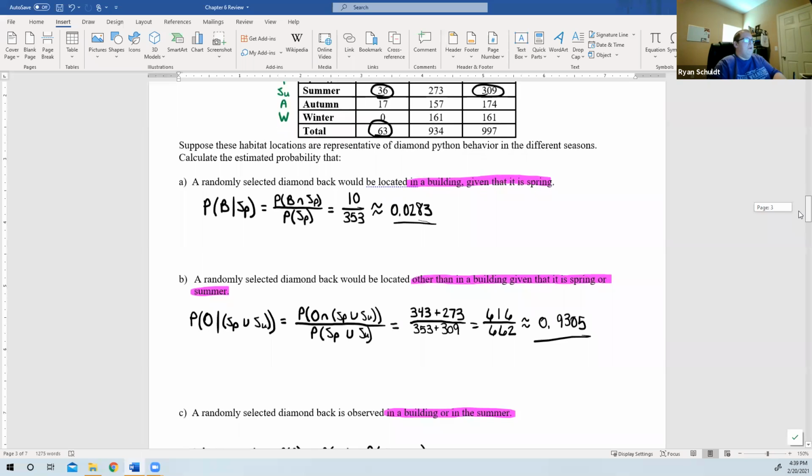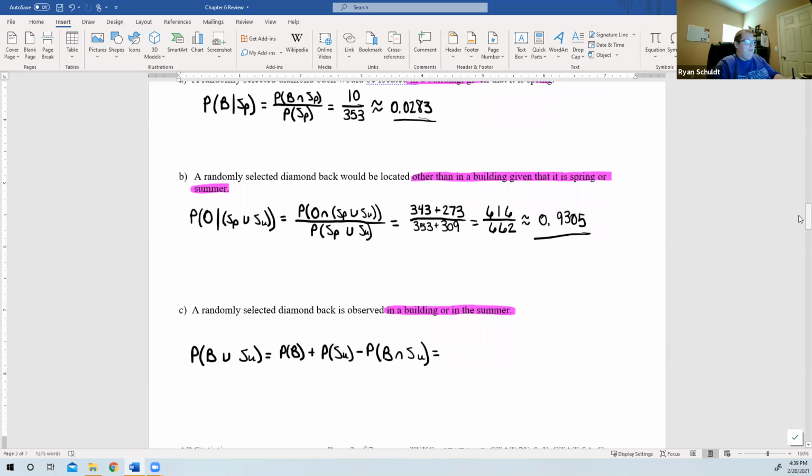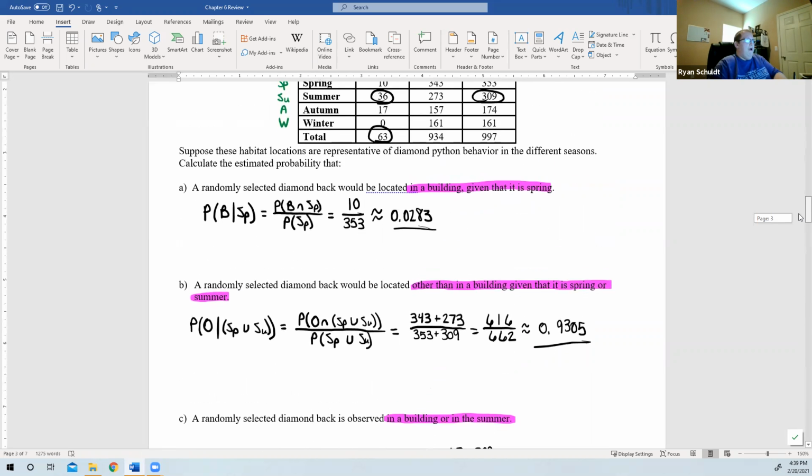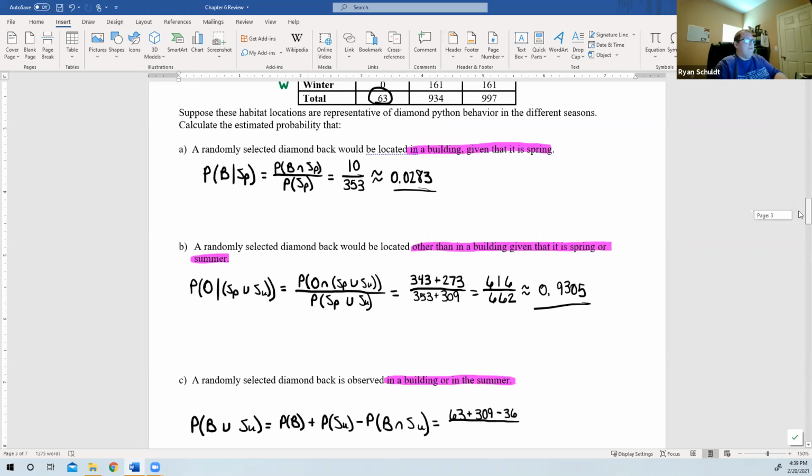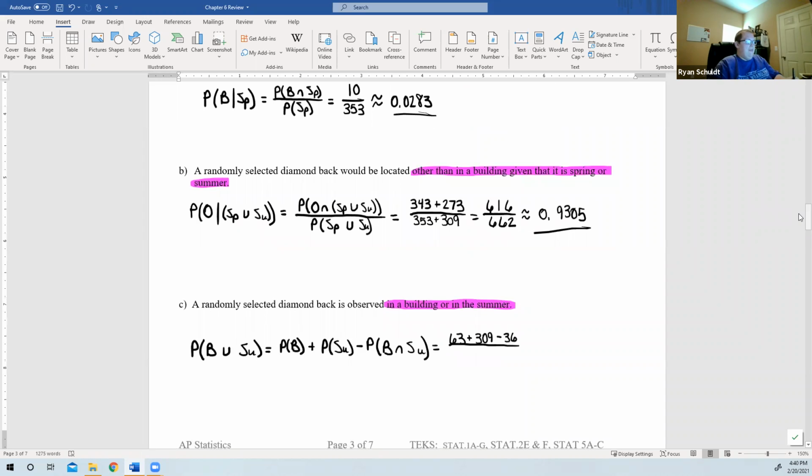So 63 plus 309, because that's building or summer, minus 36, divided by how many total snakes I have, 997. Why am I dividing by the total?